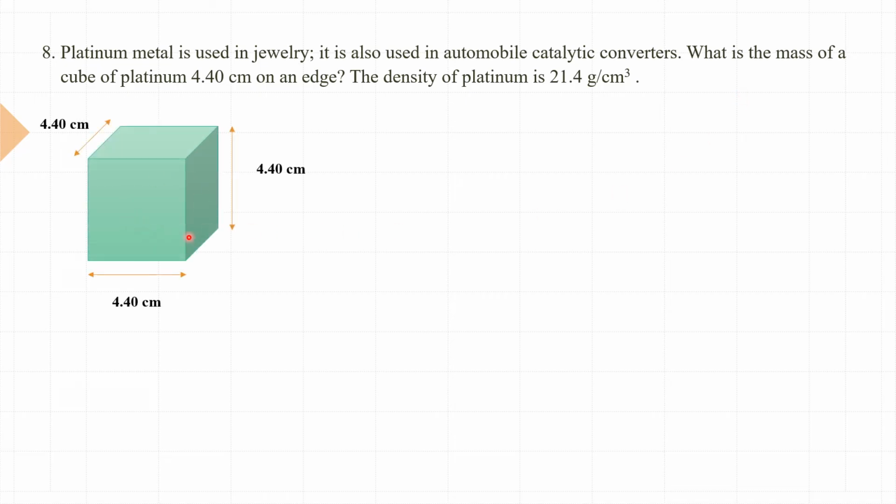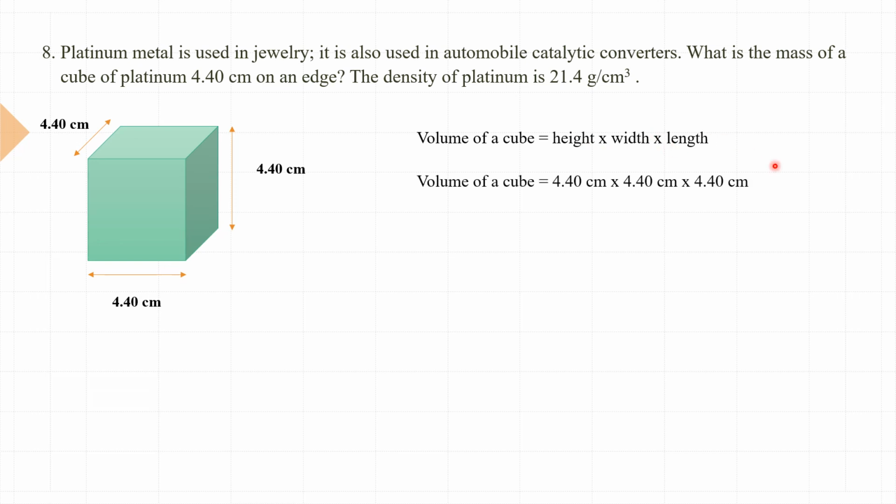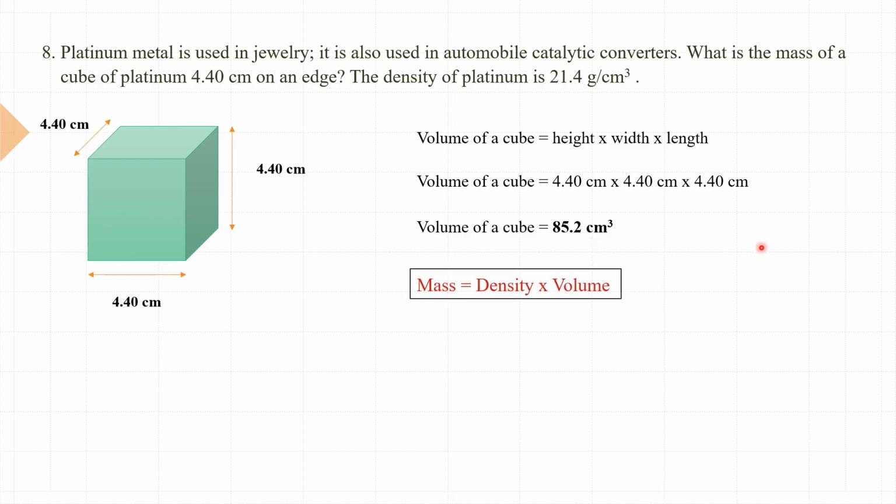This is our cube. Each side is 4.40 centimeters. For any cube, the volume is given by the equation height times width times length. If you apply the values, 4.40 centimeters cubed, then the volume of the cube is 85.2 cubic centimeters. The density is given in the question, and we have calculated the volume, so let's calculate the mass.